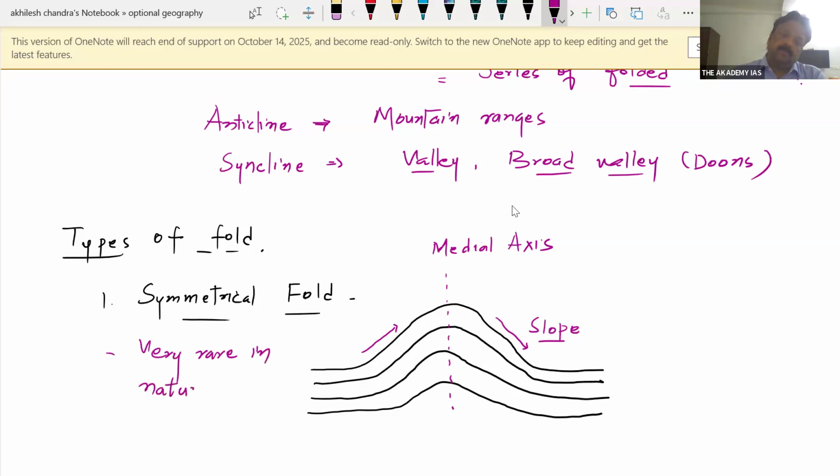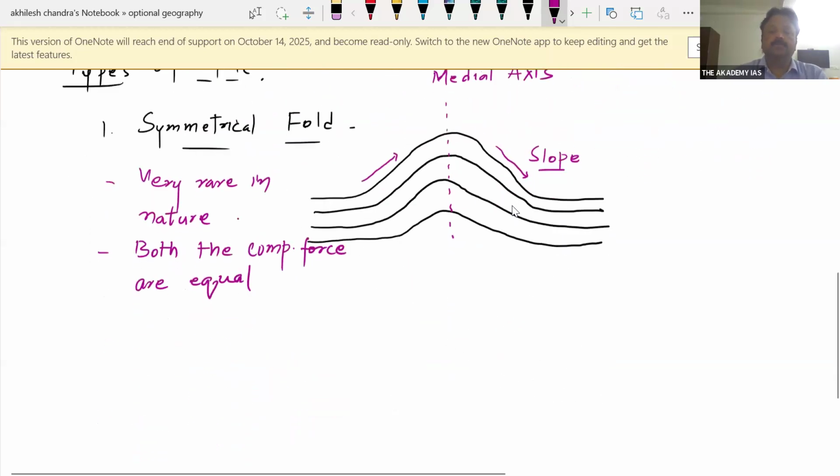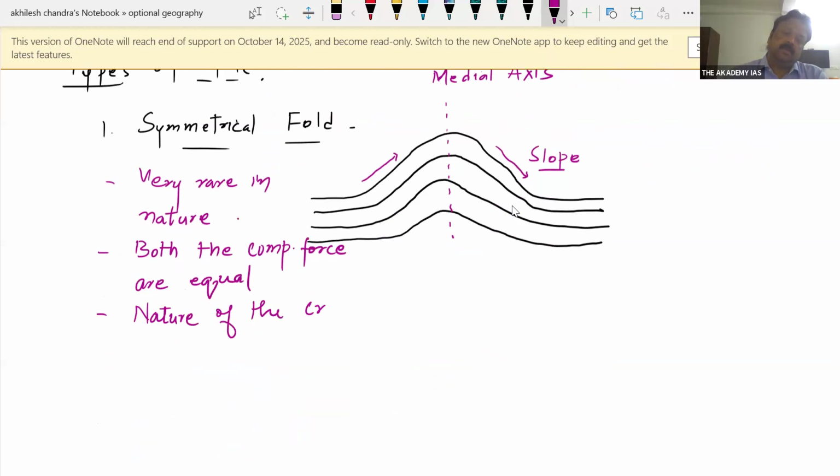Because a symmetrical fold can only be possible when both the compressional forces are equal. And not only this, it is not only force which is decisive, but also the nature of the crustal rock.